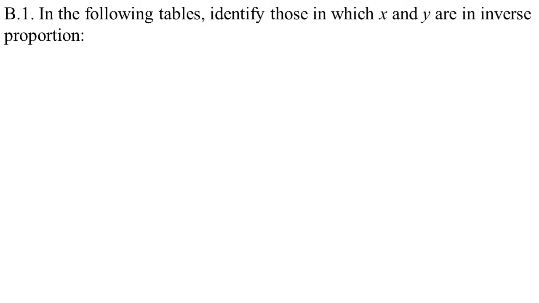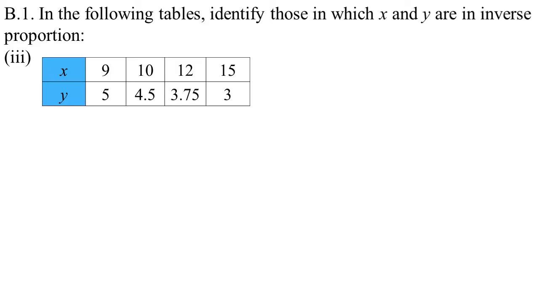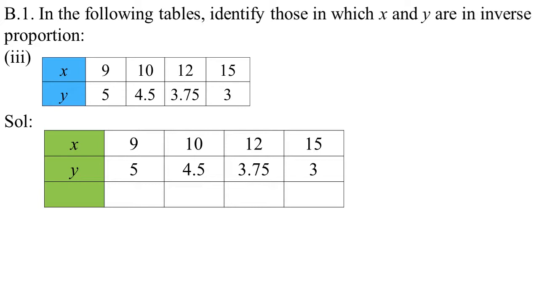Two quantities x and y are said to be in inverse proportion if the product xy for the various values of x and the corresponding values of y remains constant. X values and y values are given. Let's check whether the xy values are constant or not.